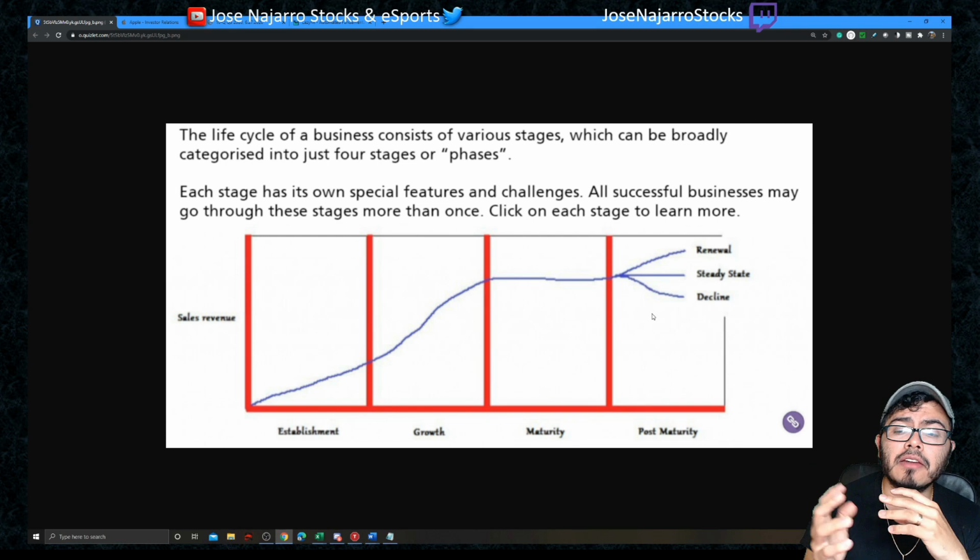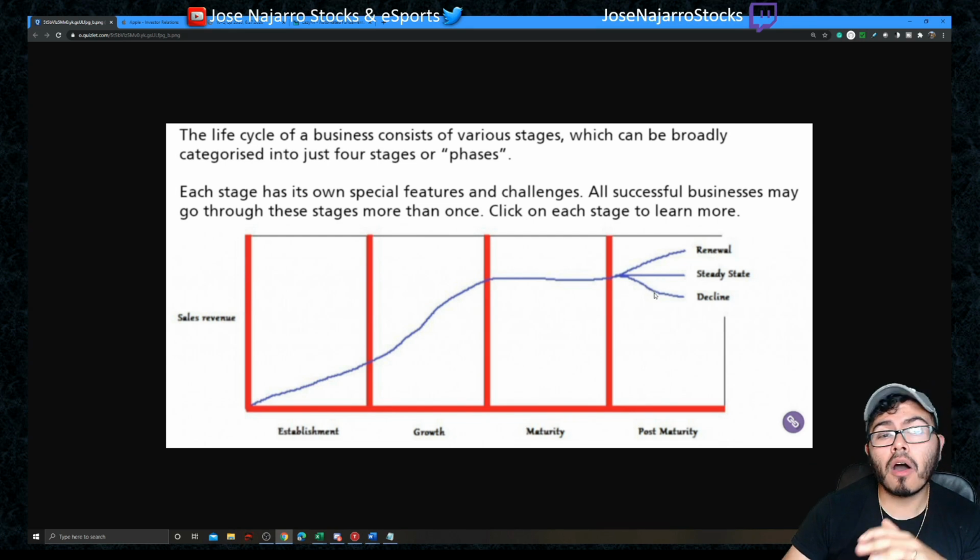Obviously, a decline doesn't mean it will always end badly. A company can change its route later on. The other stage is steady state. Steady state is just continuing to be in that maturity state, and it's not going anywhere. It's not seeing any form of decline, and it's not seeing any form of growth.